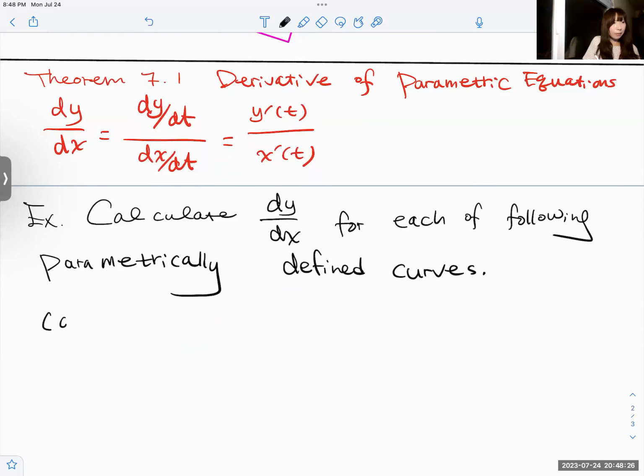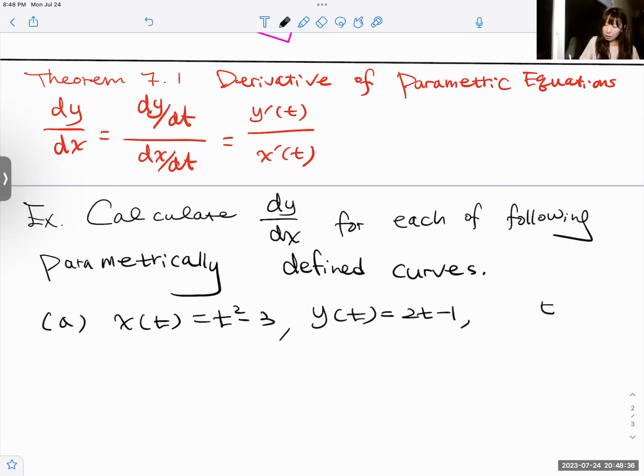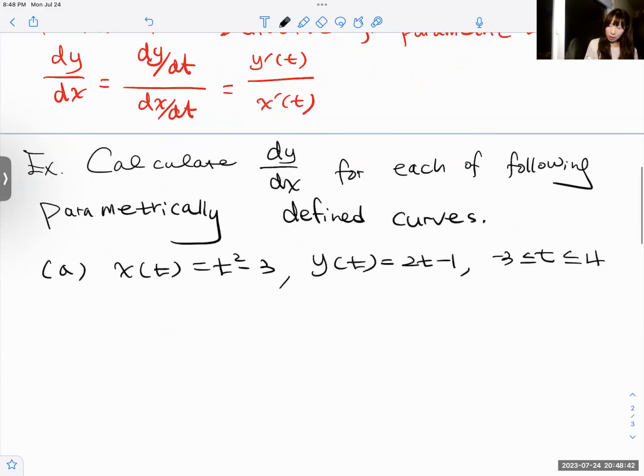Okay, so we have x of t equal to t squared minus 3, y of t equal to 2t minus 1, t between -3 and 4. All right, so let us do a quick one. x prime of t, what do we get? We get 2t, y prime of t is 2.